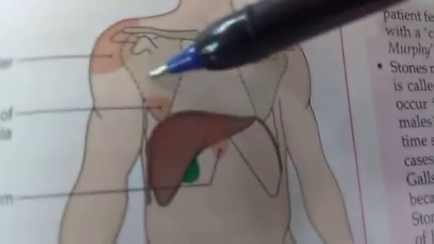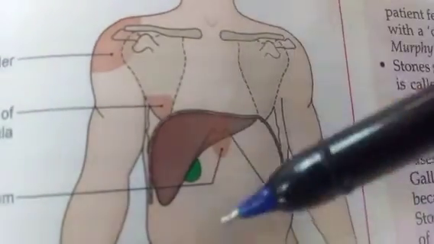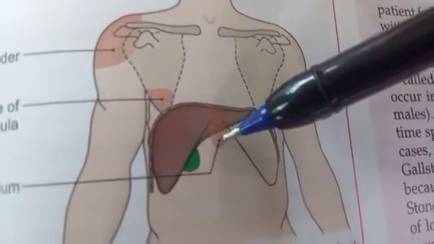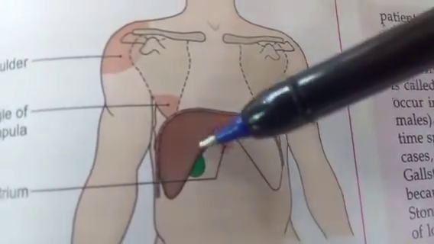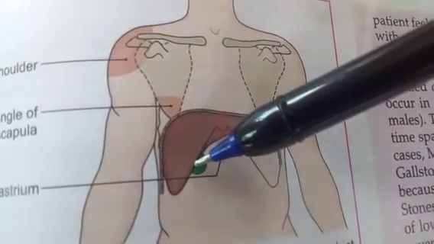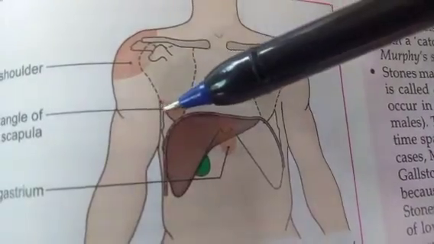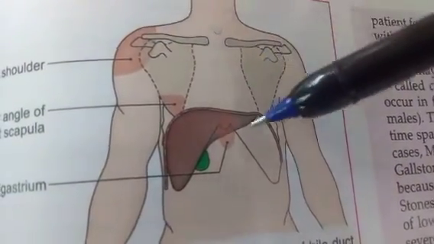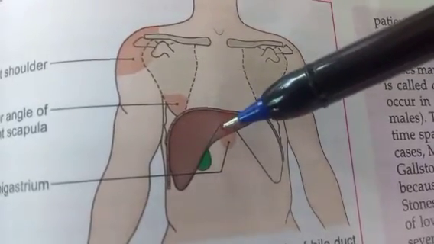The inflammation of the gallbladder is known as cholecystitis. In cholecystitis, the patient complains of pain in the right hypochondriac region. Pain may radiate into the inferior angle of right scapula or right shoulder or into the epigastrium.